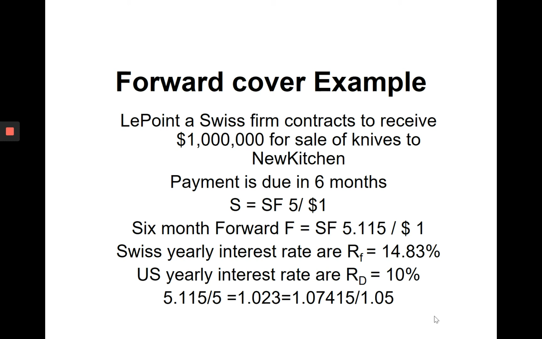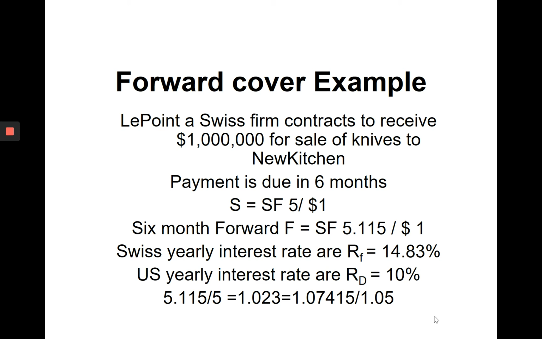It says La Pointe, a Swiss firm, contracts to receive $1 million for the sale of knives from an American company called New Kitchen. A nice little joke or play with words.